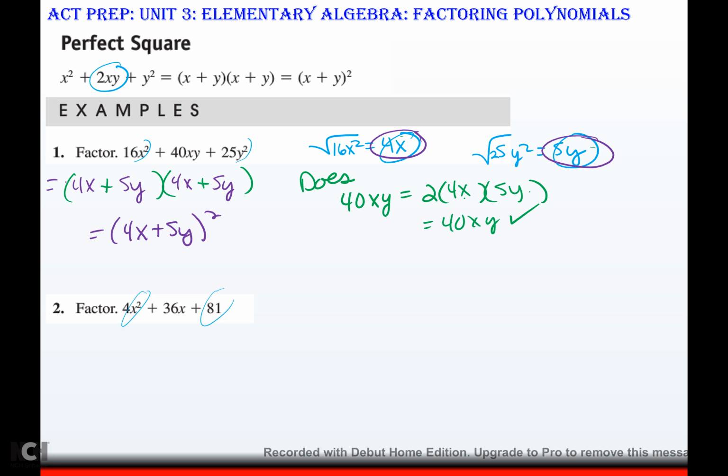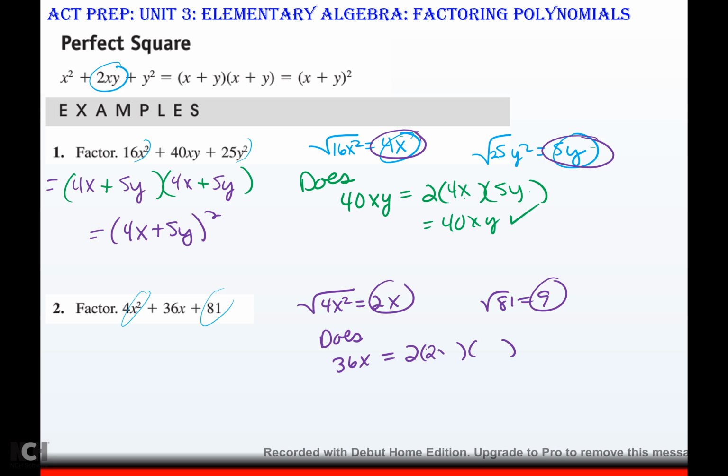Okay, if I check the bottom one, check your ends. The square root of 4x squared is 2x, perfect. The square root of 81 is 9, perfect. Does the middle term, 36x, equal 2 times what I put in circles? So 2 times 2x times 9. 2 times 2x is 4x, times 9 is 36x.